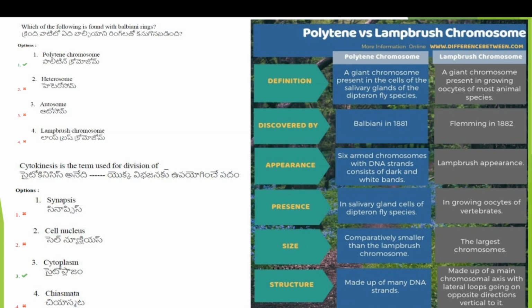These X-shaped structures formed between non-sister chromatids of homologous chromosomes are called chiasmata. At the chiasmata, actual crossing over takes place. So chiasmata are responsible for crossing over. So this is about the other options of the question.